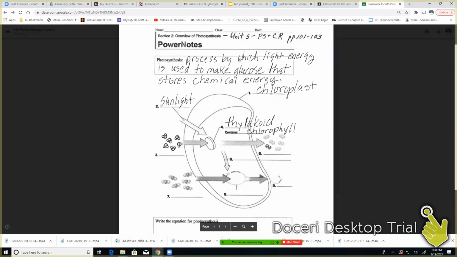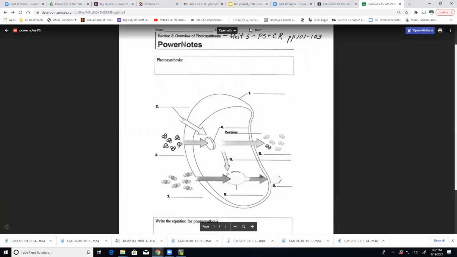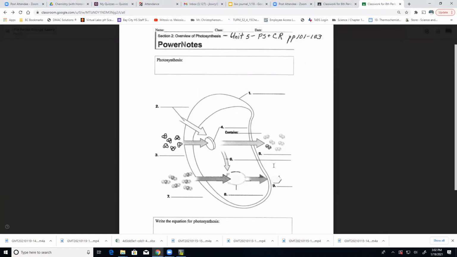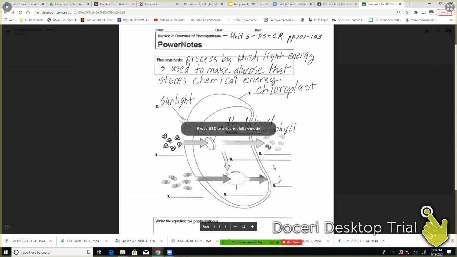So number 2, 3, and 7, those are our reactants that go in. These little molecules are your water, and that splits.